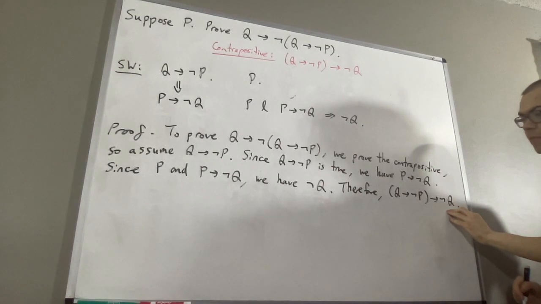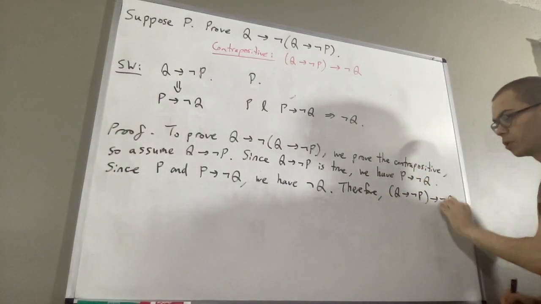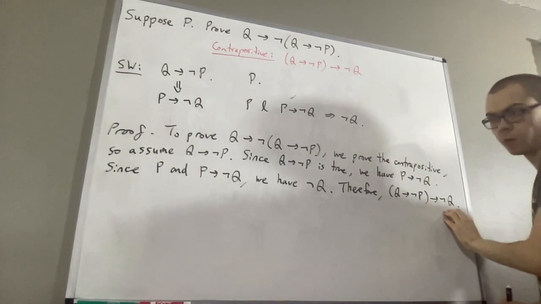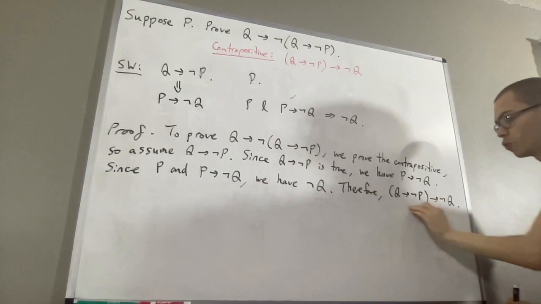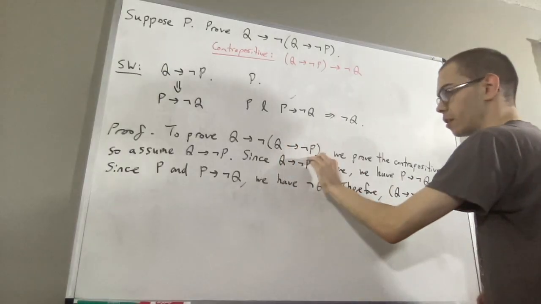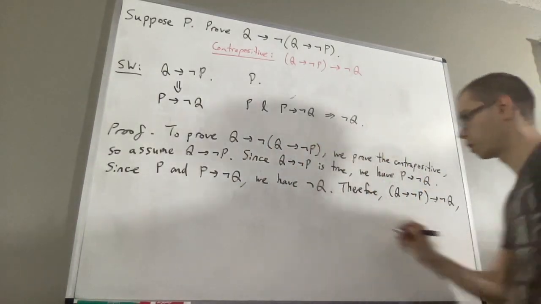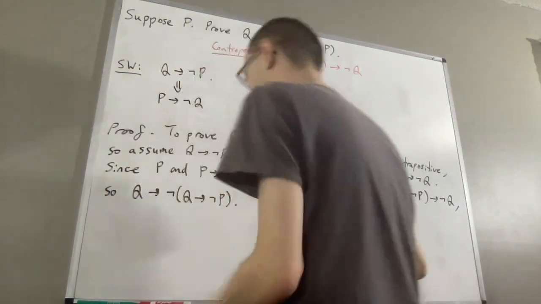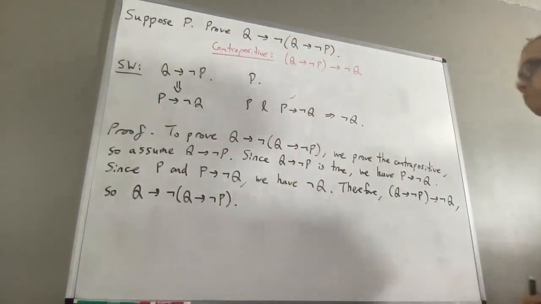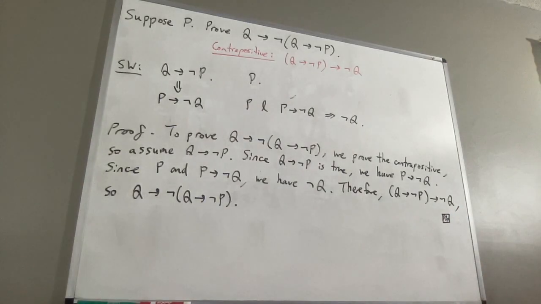Well, the technique that we're using here is proof by contrapositive. Since this statement is true, the contrapositive of this statement must be true. So in other words, because we've proven that this statement is true, we've proven that this statement is also true, because these two statements are equivalent. And that is exactly what we wanted to prove. So this completes the proof.